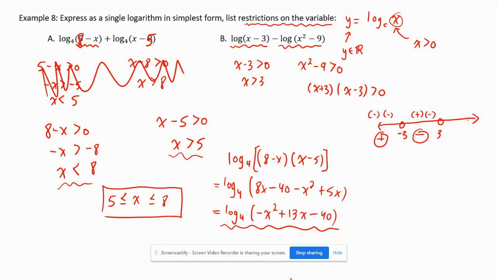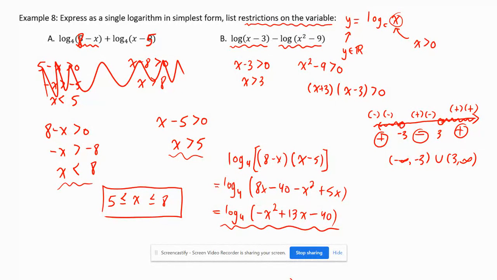A number bigger than 3, say 5, would be positive, which is positive. Now we want the ones which are greater than 0, so the positive regions. That means we want this guy over here and this guy over here. So the condition for the second one would be negative infinity to negative 3 unioned with 3 to infinity.